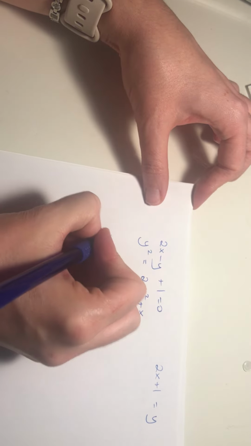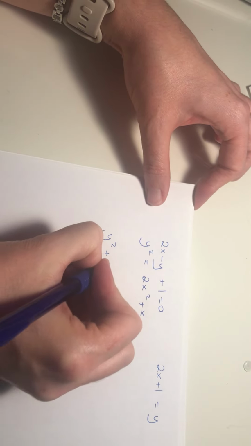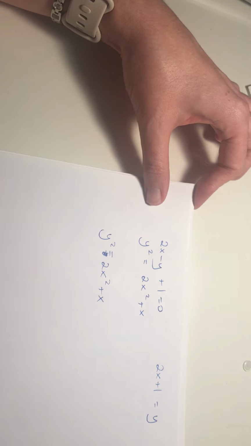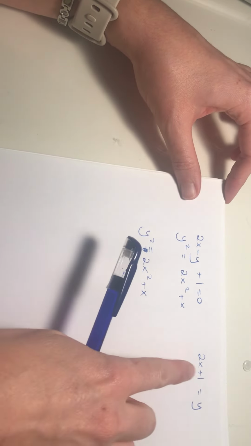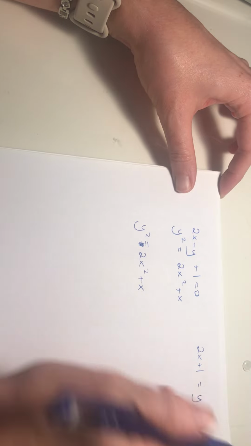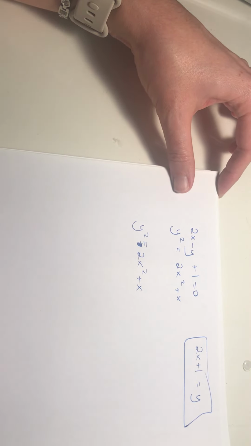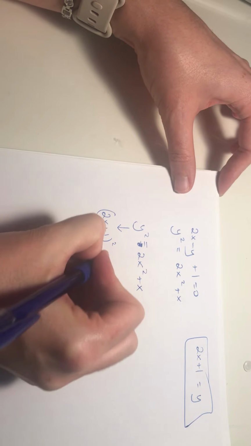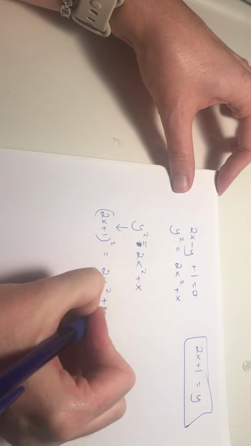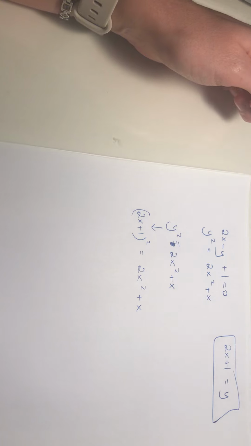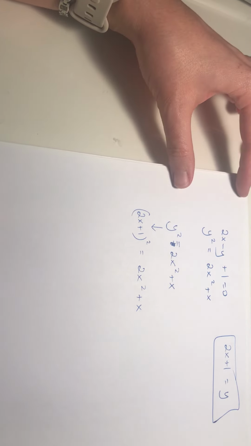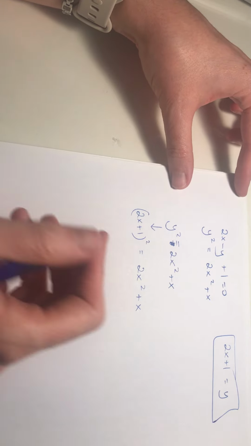So now, let's go with the more difficult equation. Anywhere I see a y, I'm going to replace it with 2x plus 1. And hopefully I'll be able to just finish out the question now and tell you what x is and y is.